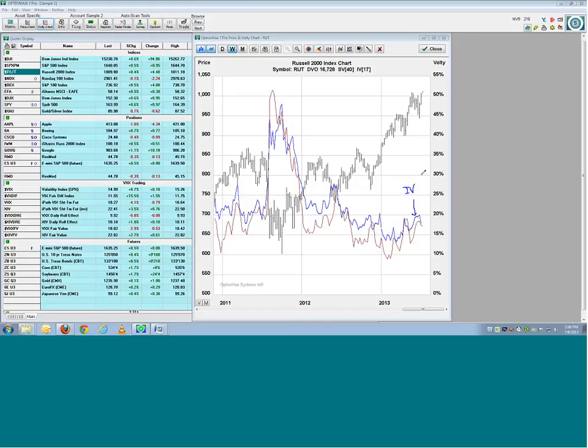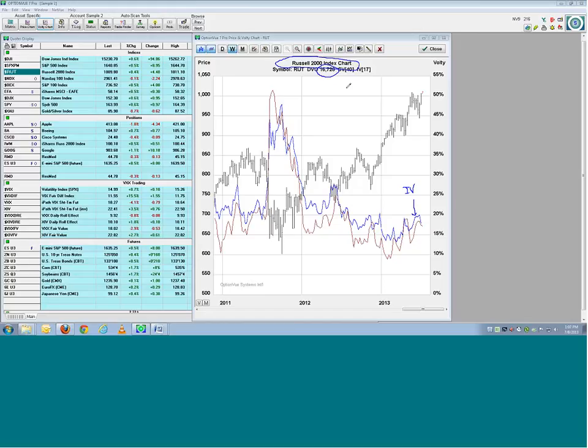Once again, it's the volatility implied by the time premium in the options for that given chain. In this case, it's the options on the Russell 2000 index. This thing, by the way, trades over $16 million of options a day. That's pretty good. So that's what the implied volatility blue line is.